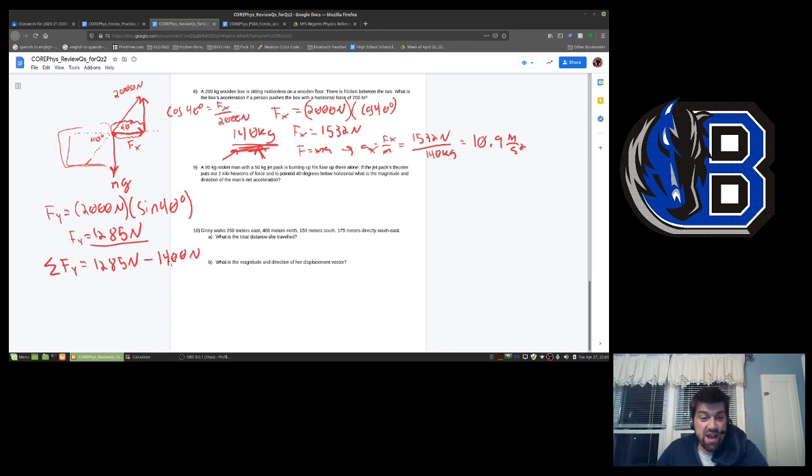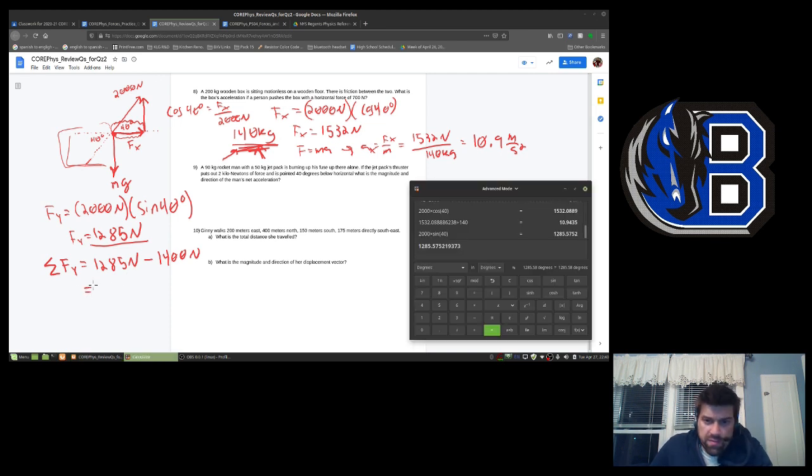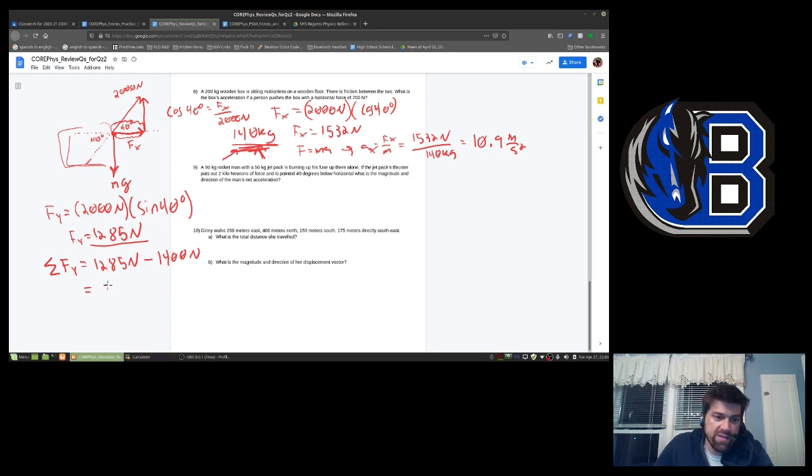He's actually dropping, right? I'm going to get a negative net force here. That just means this thruster isn't enough to keep him airborne. That's okay. 1285 minus 1,400, negative 114. So I have a net force of negative 114 newtons, which is equal to ma.